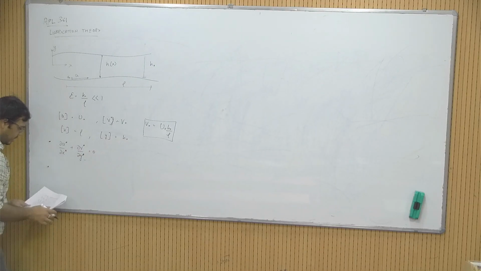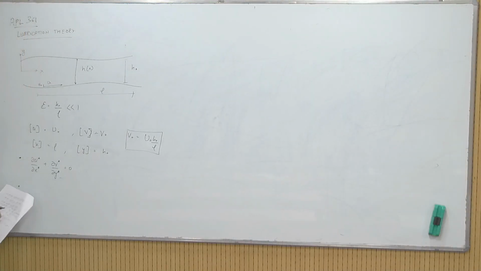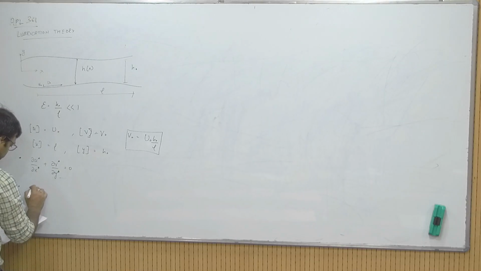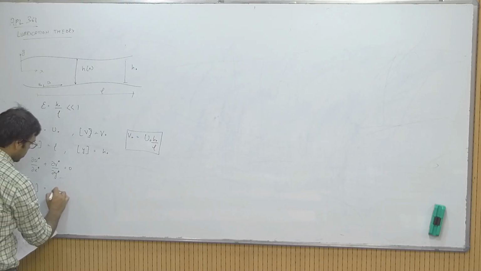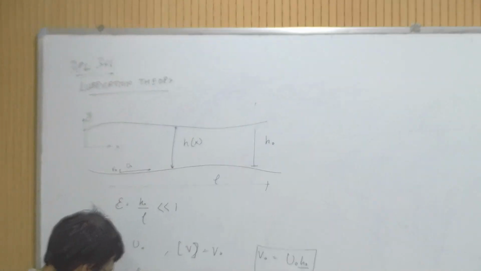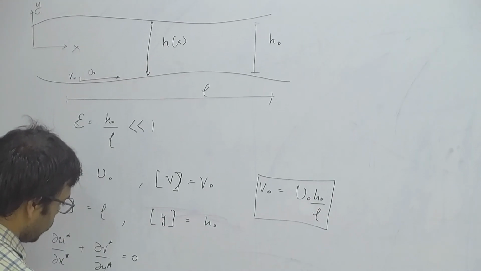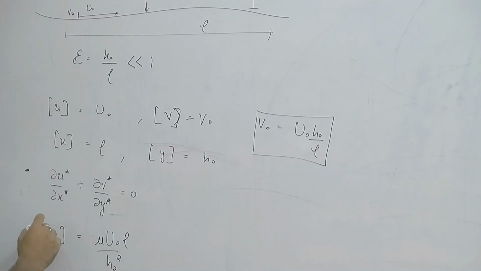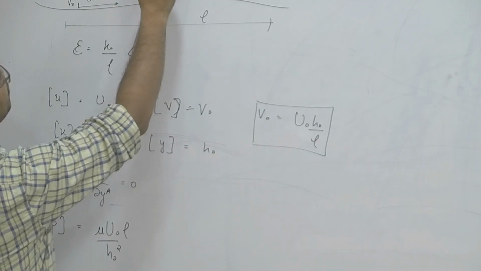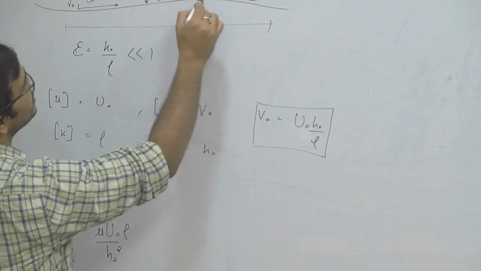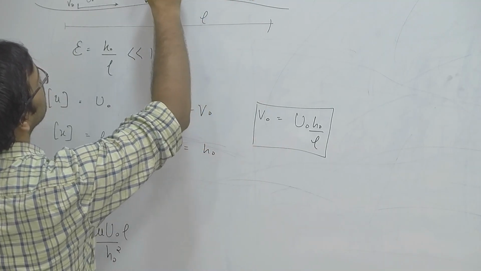And then we had derived the dimensionless y momentum equation, and to derive that we had used the pressure scale mu u naught L over h naught square. This pressure scale we had derived by saying that the pressure differential is balancing the viscous forces.